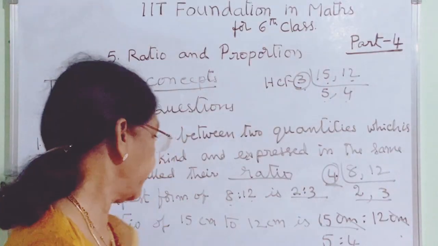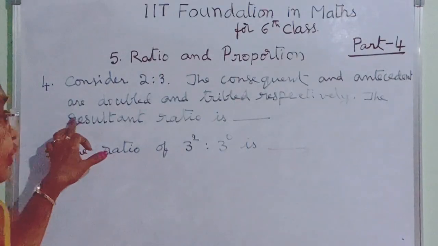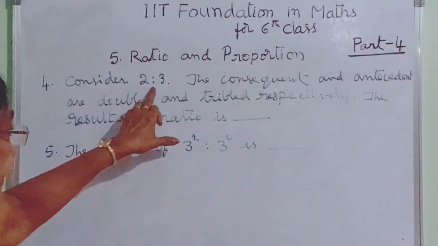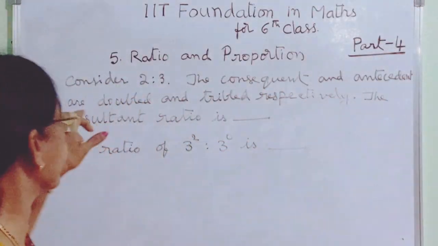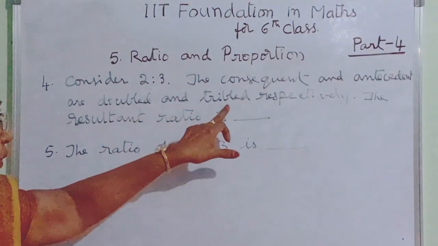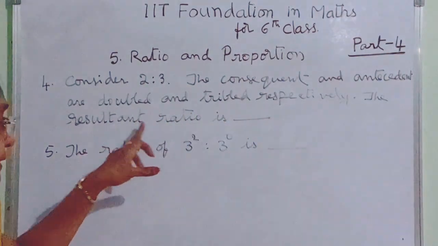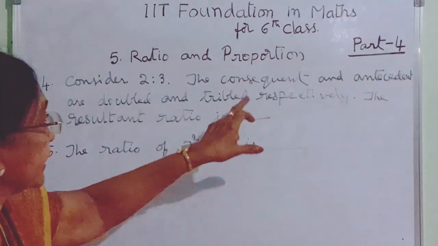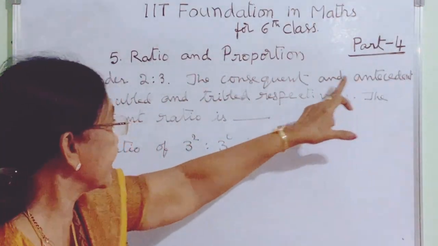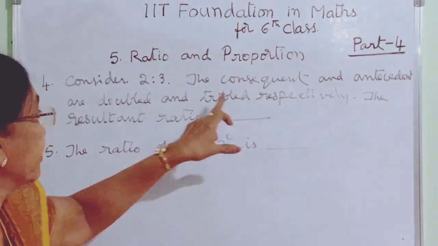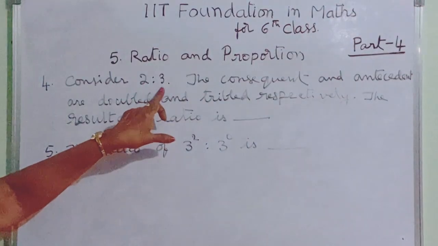Next, the fourth problem. Consider the ratio 2:3. The consequent and antecedent are doubled and tripled respectively. The resultant ratio is dash. The consequent is doubled and the antecedent is tripled. The consequent means the second one.